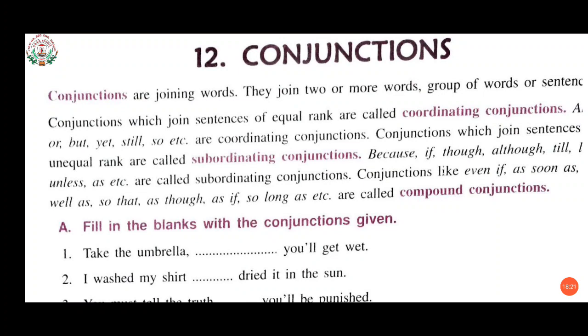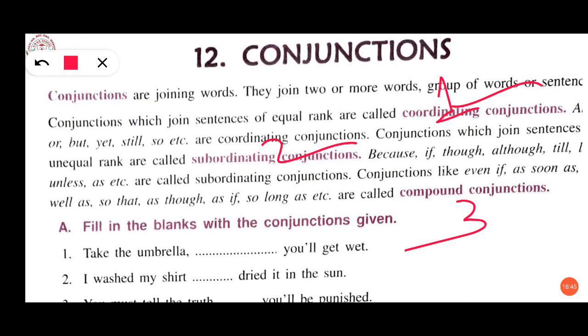Now the types of conjunctions are here. First one is coordinating conjunctions. Second is subordinating, and third is compound conjunctions. First, coordinating conjunctions are conjunctions which join sentences of equal rank.